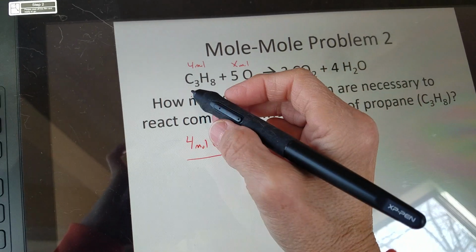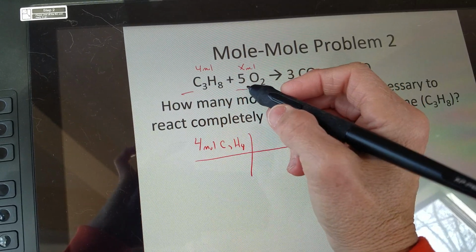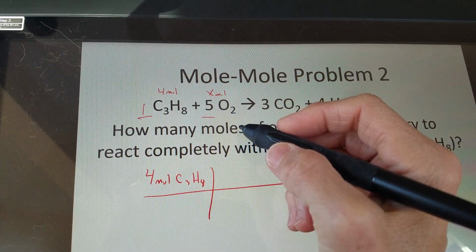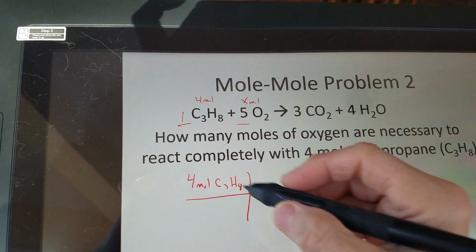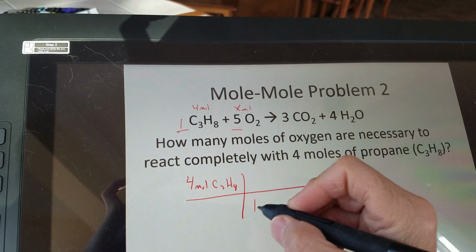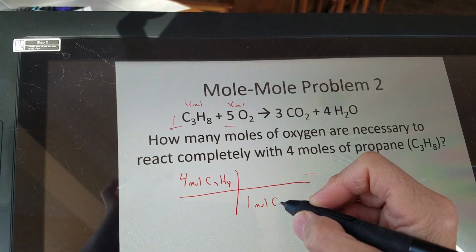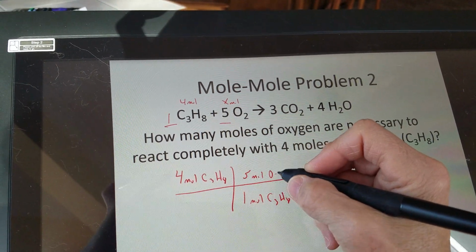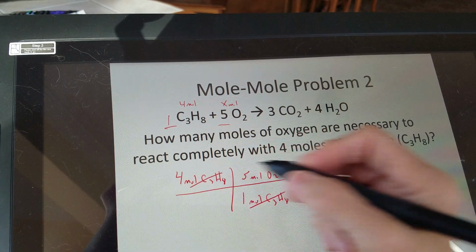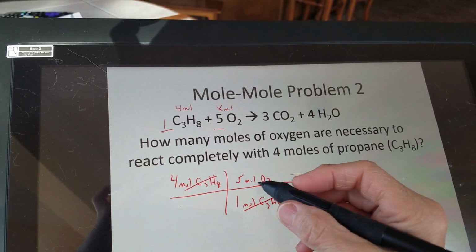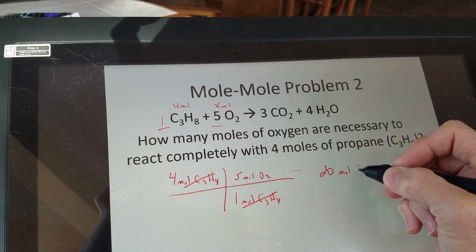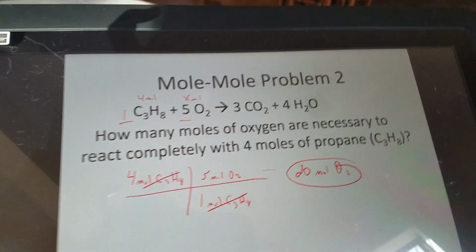My relationship between propane and oxygen is a 1 mole to 5 mole ratio of oxygen. Since they're already in moles, we can cancel. I'd have my 1 mole of propane here to my 5 moles of oxygen here. Moles of propane cancel out, leaving moles of oxygen. 5 times 4 gives me 20, so I have 20 moles of oxygen.